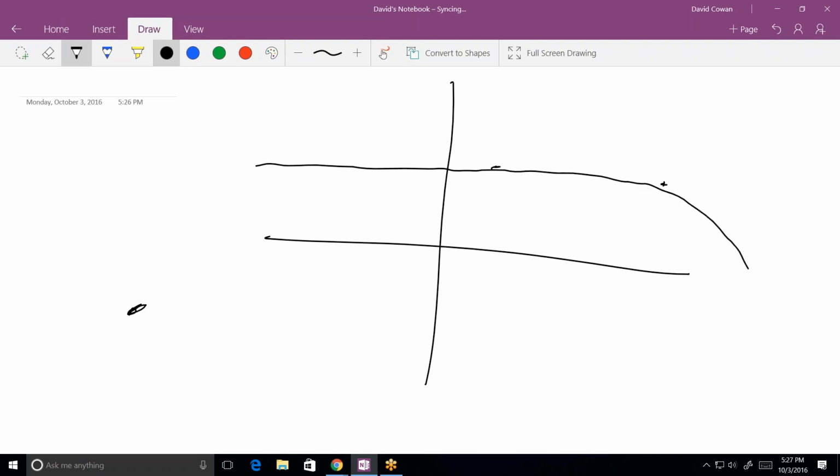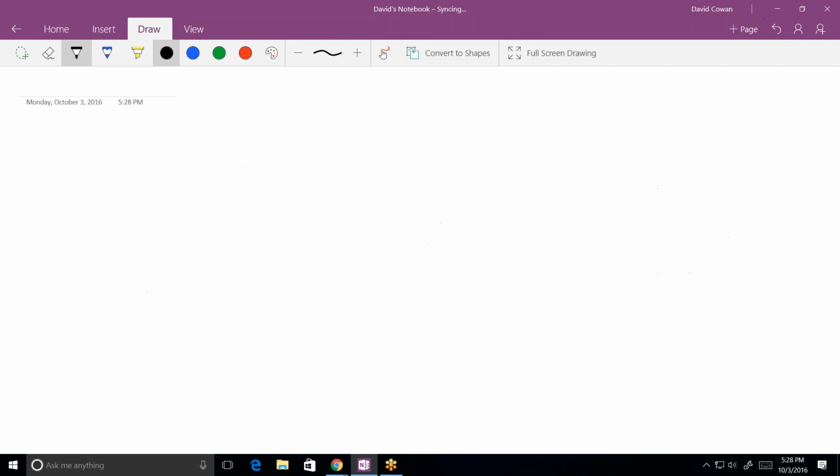Three points that are on a straight line are not going to form a parabola. So not just any 3 points, but usually any 3 points will determine a parabola.